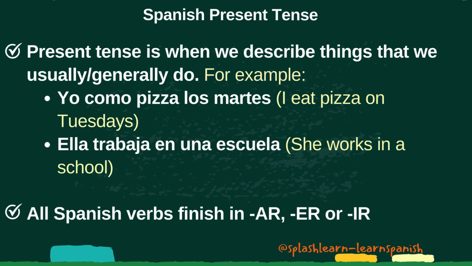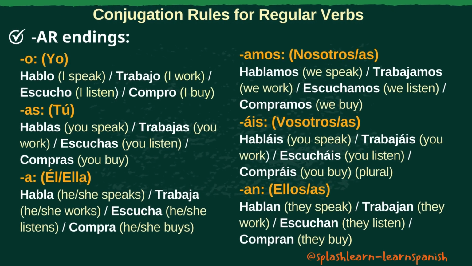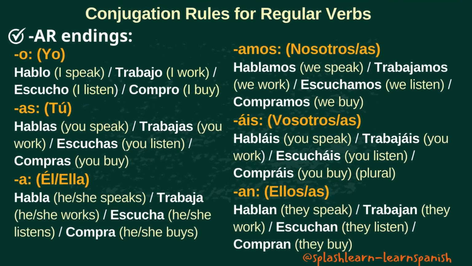All Spanish verbs end in ar, er, or ir. It's important to know these patterns to correctly conjugate regular verbs in the present. Let's look at the conjugation patterns for the present tense with regular verbs.